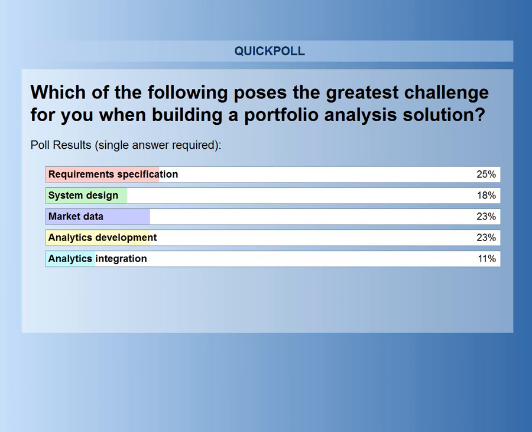Yeah, well, the requirements are sometimes a moving target with a never-ending feedback loop and multiple stakeholders. And market data, well, can be very time-consuming and full of pitfalls, from sourcing it, cleaning it, organizing it, and using it. And then analytics development is also tied with market data.